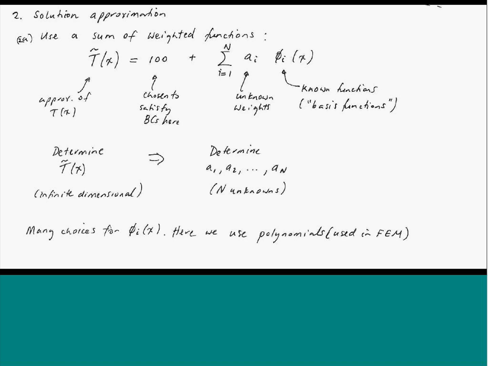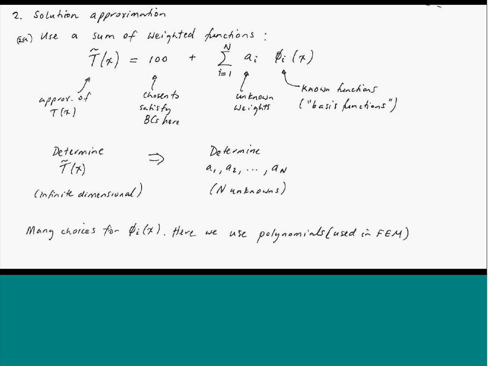And I left a bit of space here because I'm going to write this in. I'm going to write in 100 plus that expansion. Why do you think I wrote the 100? I heard the B word. The boundary conditions. Yeah, in this particular example that we're considering, the Dirichlet boundary conditions are specified to be T equal 100 at either end.